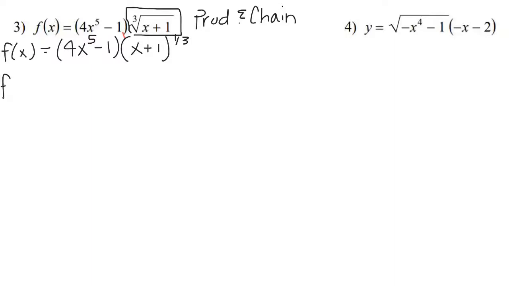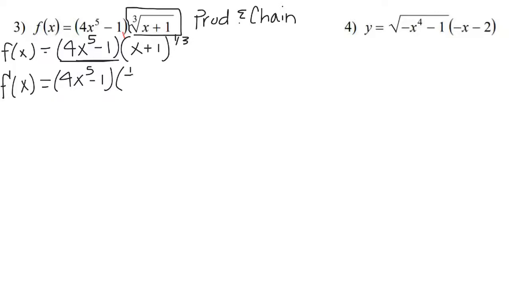We have f prime of x equals. So it's going to be the first, which is this right here. So we have 4x to the 5th minus 1. So we have first times the derivative of the second. Now when I do the derivative of the second, I've got to have the chain rule because of that exponent there. So let's see, if we do the derivative of the second, we're going to have 1/3, and I'm going to do parentheses.